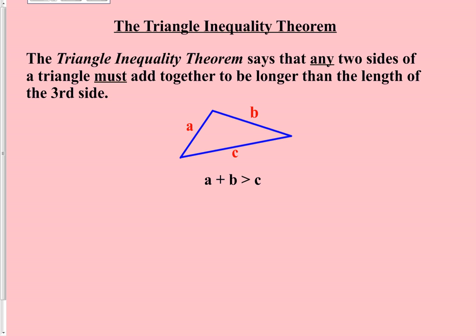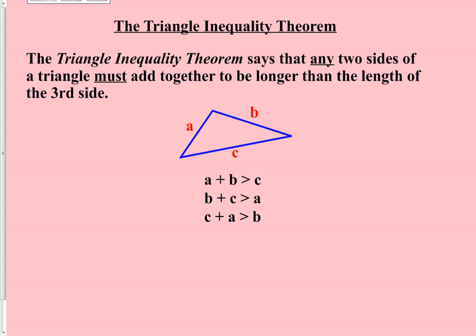But as you've probably already guessed, that's not the only way that these three side lengths can be added up. Another possibility would be that B must add together with C in order to be larger than A. And also, C plus A must add together to be larger than B. Three sets of sides on a triangle basically dictates that there will be three inequalities that will need to be considered: A plus B, B plus C, and C plus A, each adding together to be larger than whatever the remaining side length was.